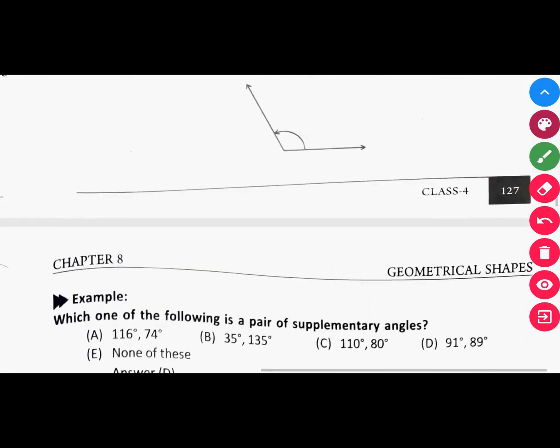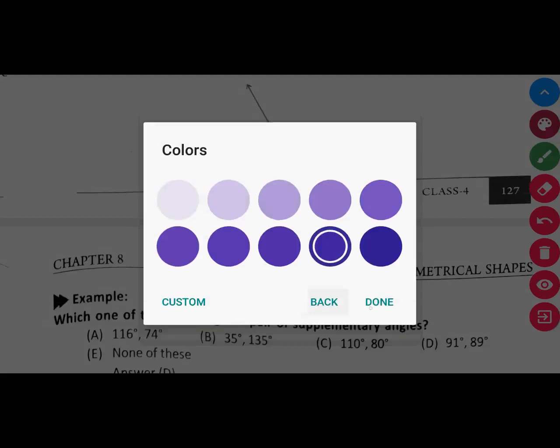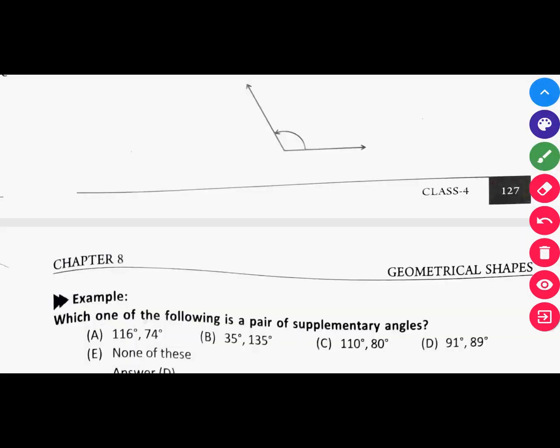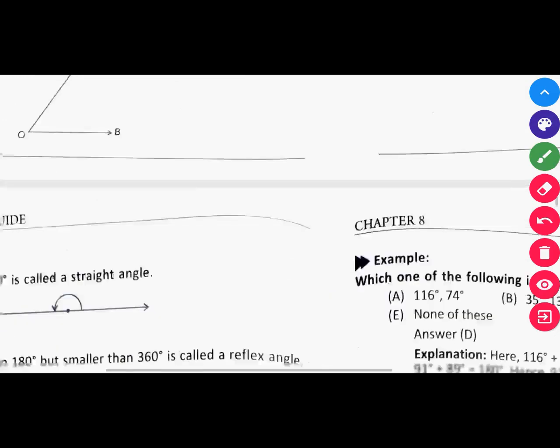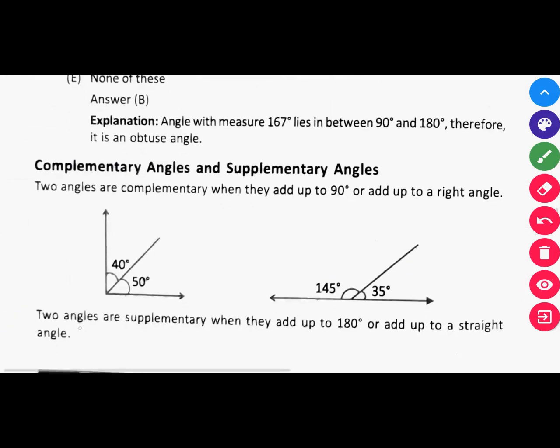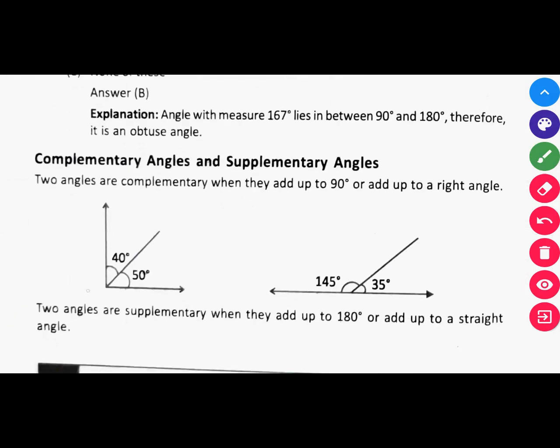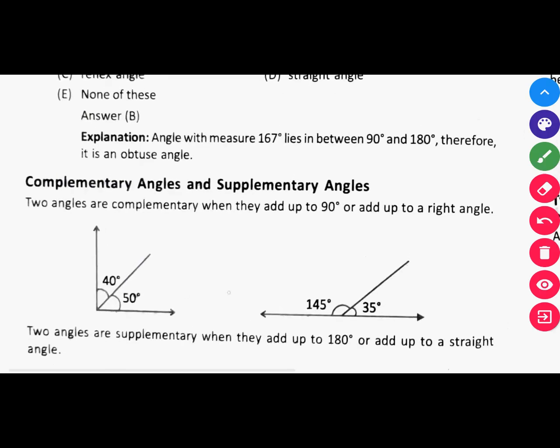Now see here, another example is there. One sort of example I had told you, here another pattern of example is given. See, which one of the following is a pair of supplementary angles? Now we know what is meant by supplementary and what is meant by complementary.